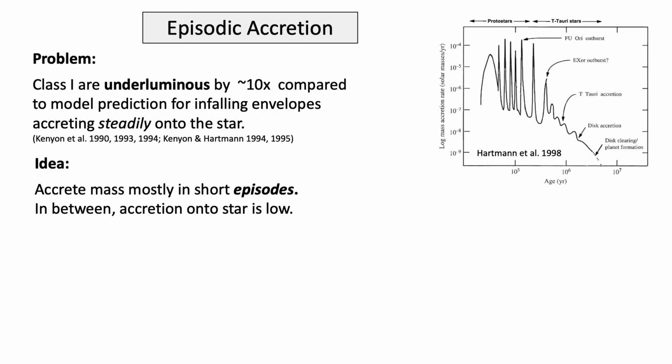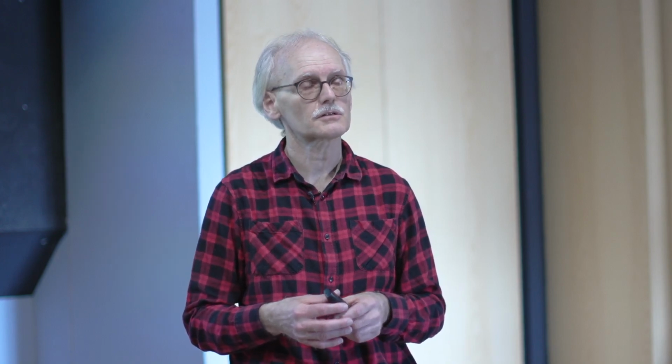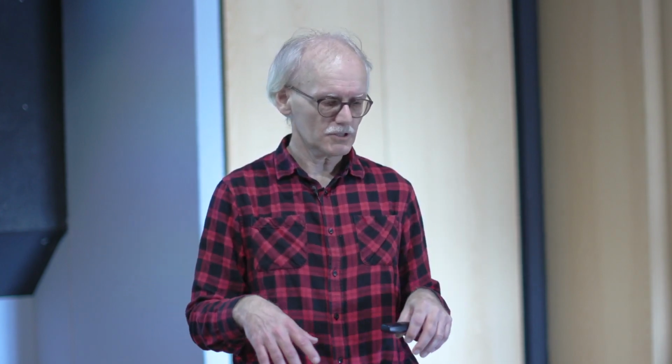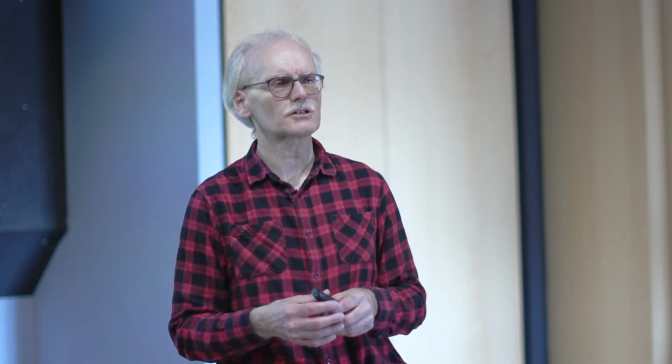So the idea that came up is that maybe the accretion process is not continuous. Mostly when we look at stars, they hardly accrete. The accretion rate is actually not very high in most of these T-Tauri stars. So they're underluminous indeed. We don't see much luminosity that comes as a response to the accretion.